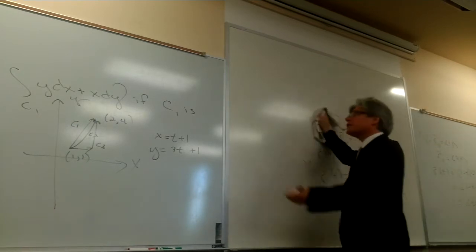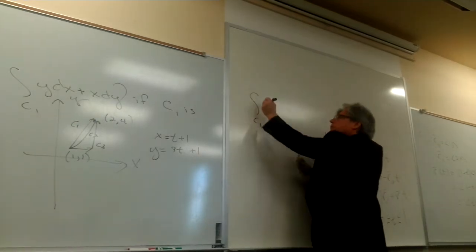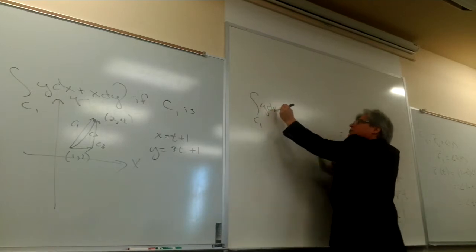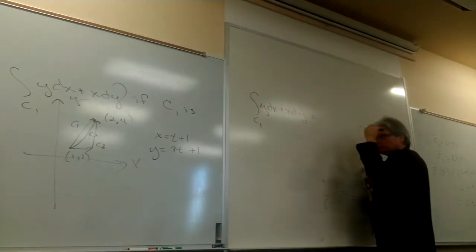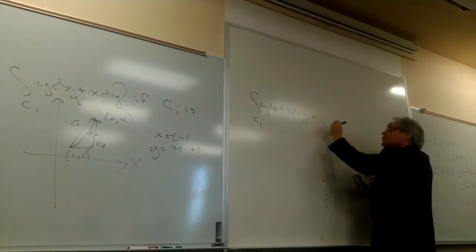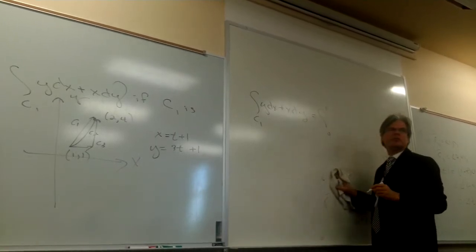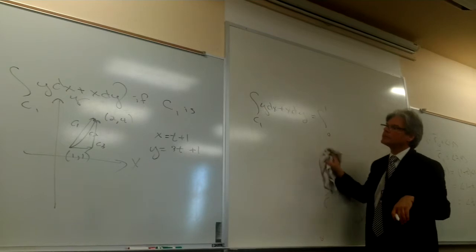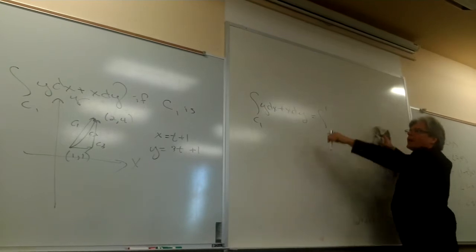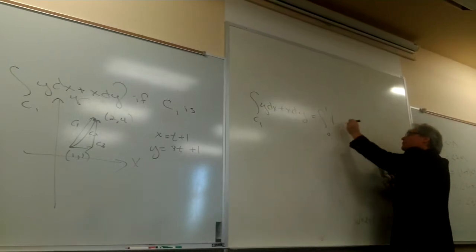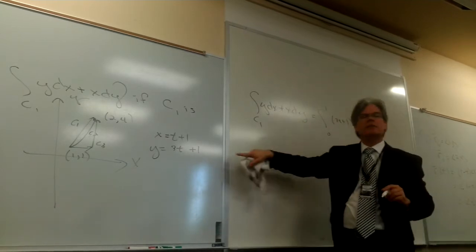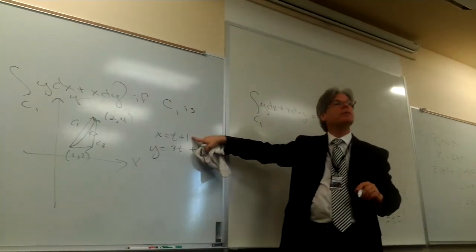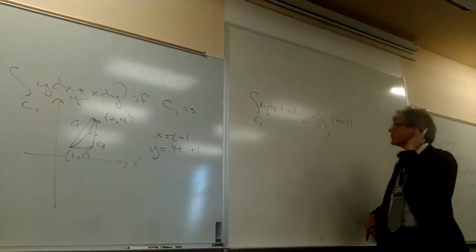If I'm going to express this line integral as something I can actually compute along the curve C1, here's what I'm going to do. I got an integral as t ranges from 0 to 1. I guess another name for y is 3t plus 1. What's another name for dx in terms of dt? dt.